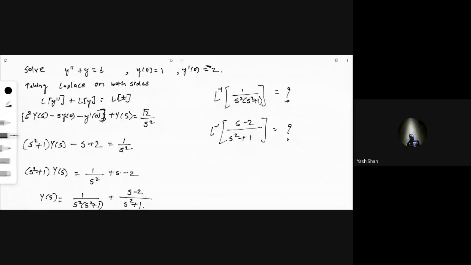Sir, just separate the numerator. Yes, very good. What about the first one? Sir, integration, 0 to t.